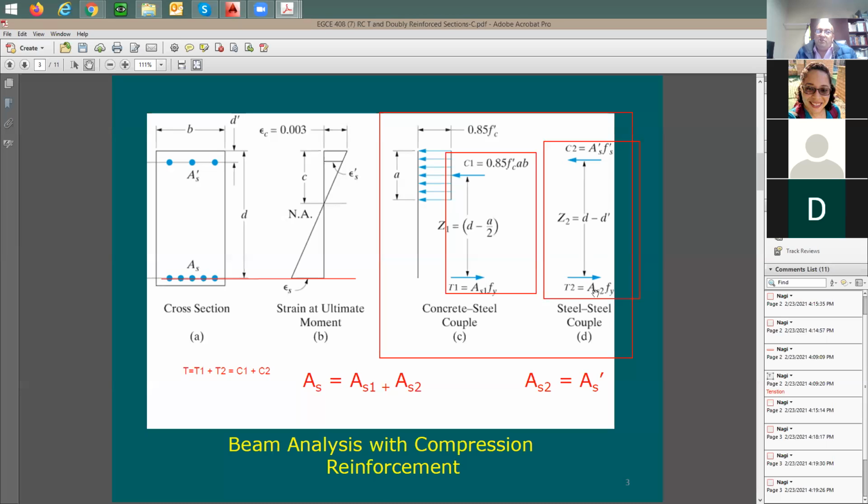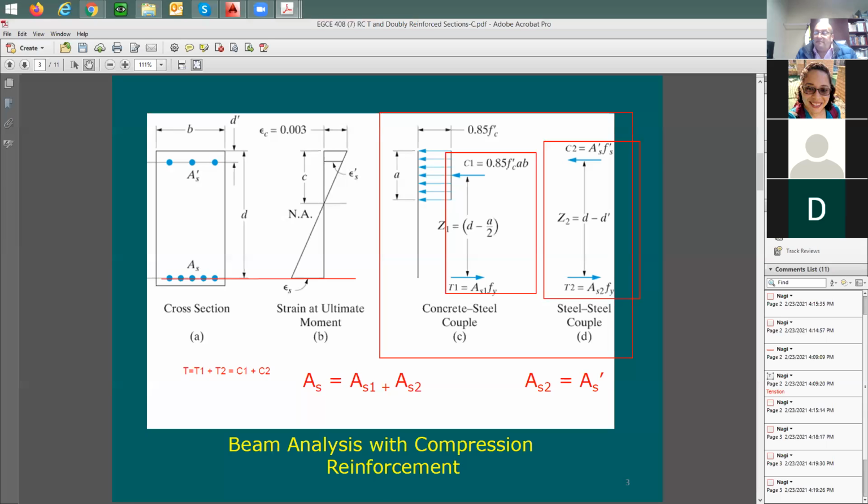This As2, which is a portion of the total steel at the bottom, is going to be equal to As prime, which means the top steel. Simply, As2 is going to be equal to this reinforcing in the top, because I just assumed that the steel is yielding top and bottom. How about As1? I'm going to say it is equal to the balance, which means As minus As prime. Does it make sense?